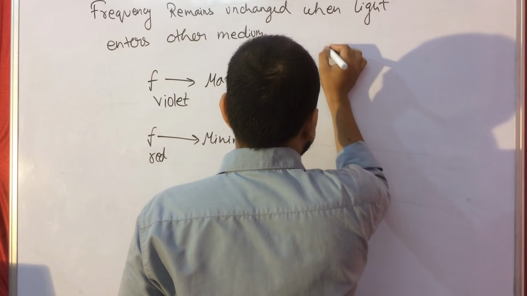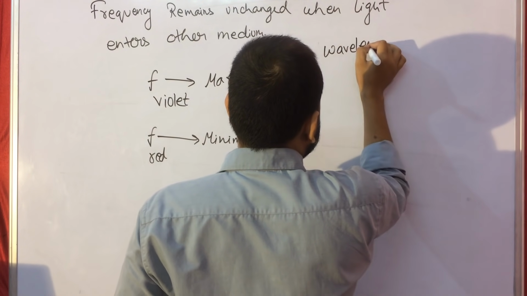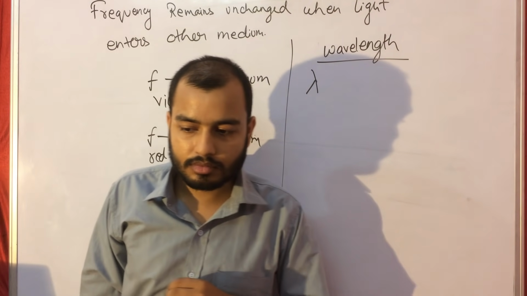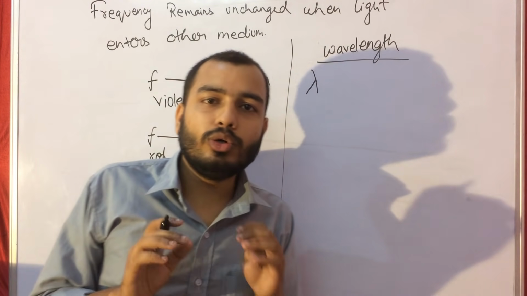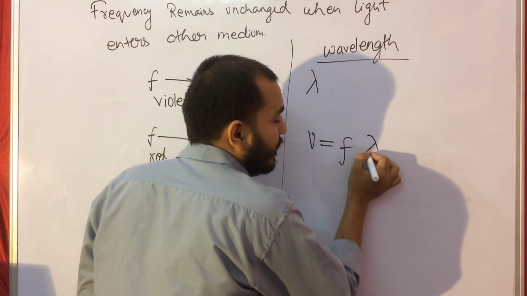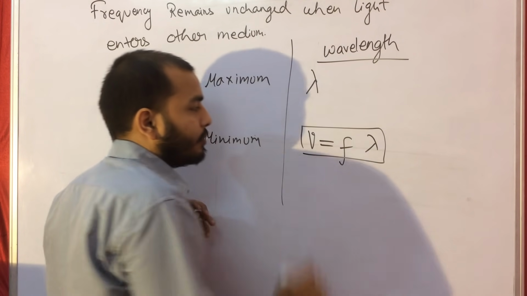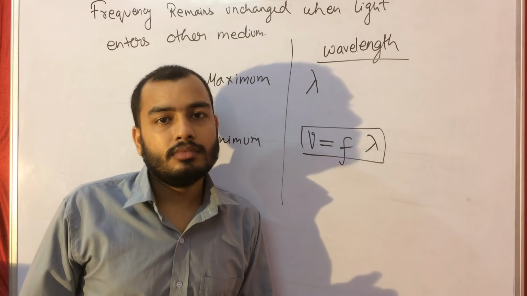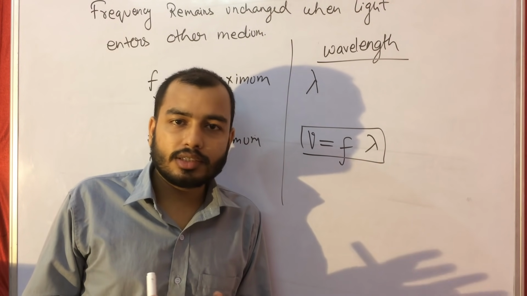What do you think about wavelength? The next thing is wavelength. Will it change or will it remain same? See, I told you a formula. V is equal to F lambda. When light goes from one medium to other, its speed changes.